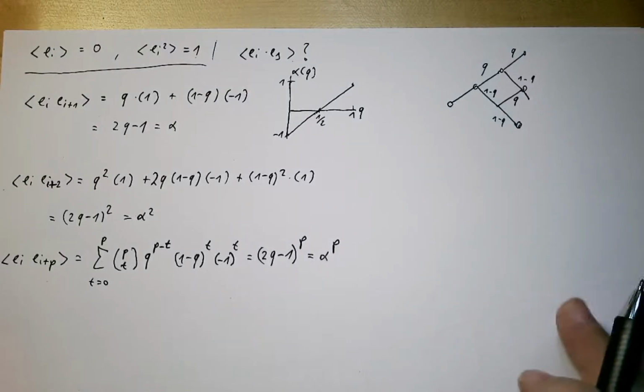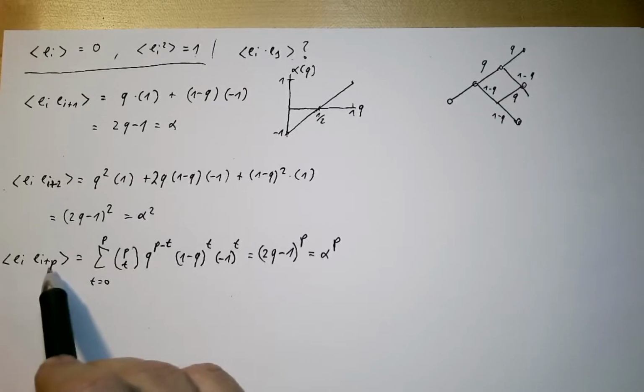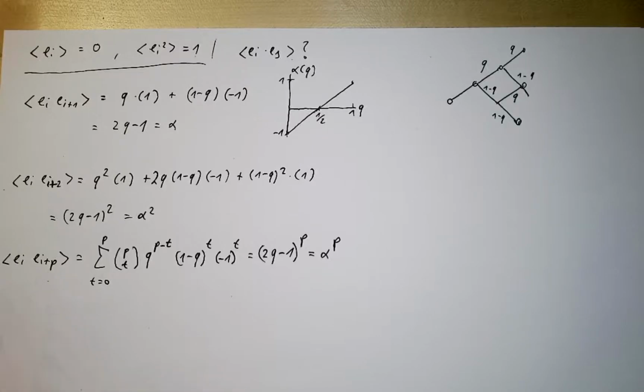Right? So now we have calculated the correlation, the covariance function for an arbitrary time difference p.